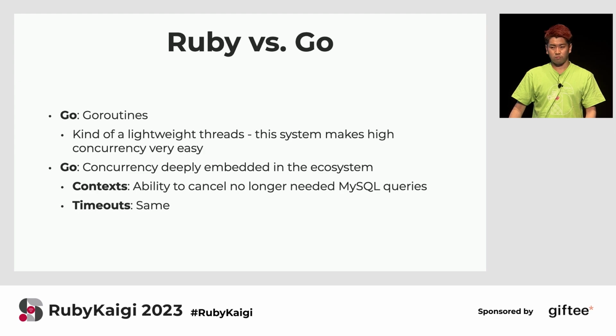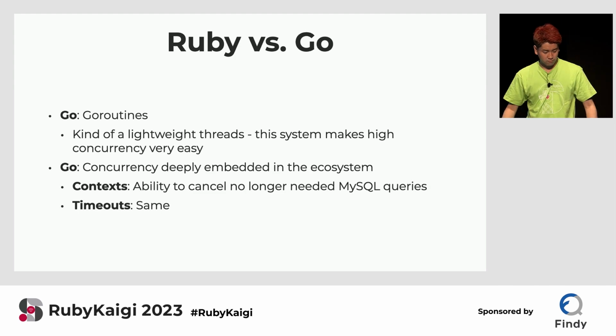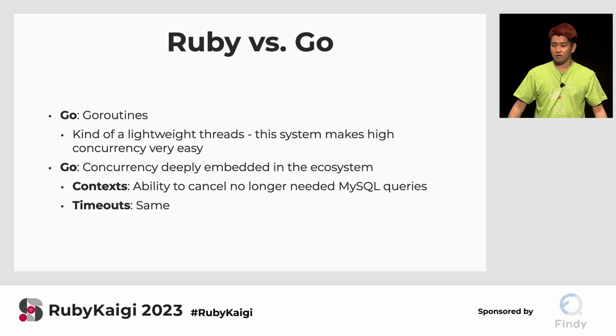I'd say any practical Go library has concurrency in mind. Context is passed around. Contexts are a tool to pass down the state of the concurrency.